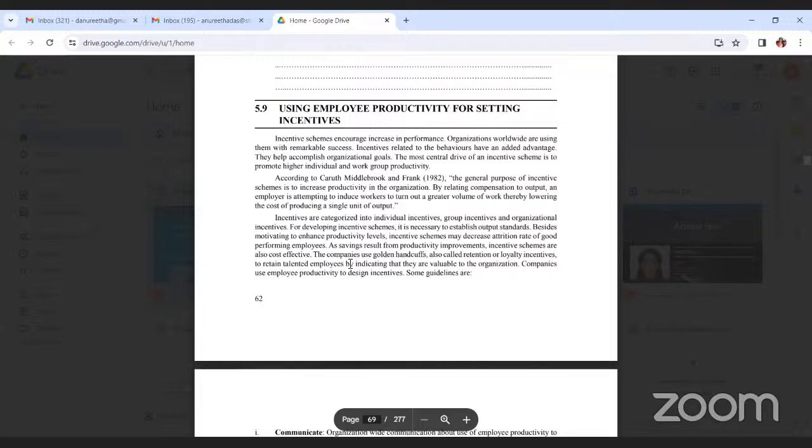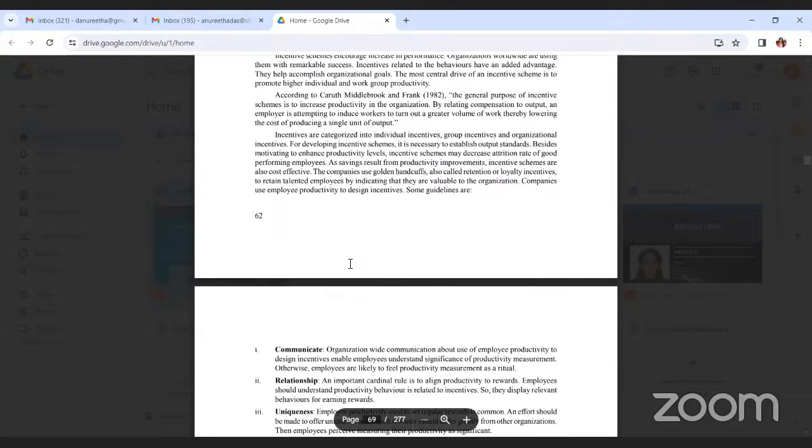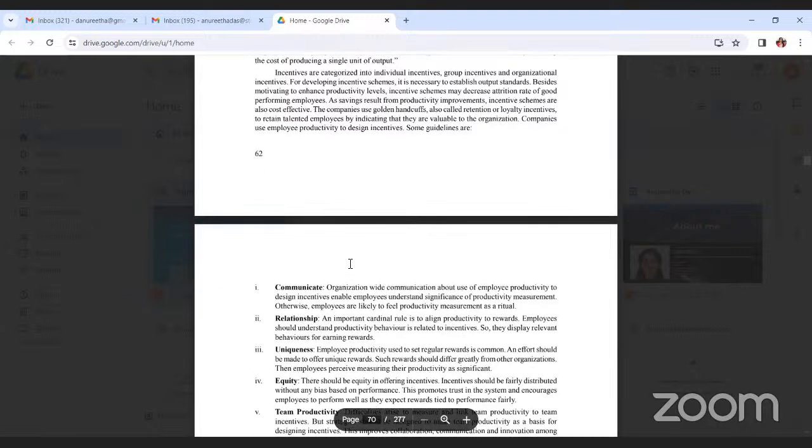So how do you use productivity to set incentives? It is to develop incentive schemes. You are able to relate compensation to output and employer in attempting to induce workers to turn out a greater volume of work, and what kind of schemes you are getting for incentives that are cost effective. That is, companies use golden handcuffs, also called retention or loyalty incentives, to retain talented employees by indicating that they are valuable to the organization.